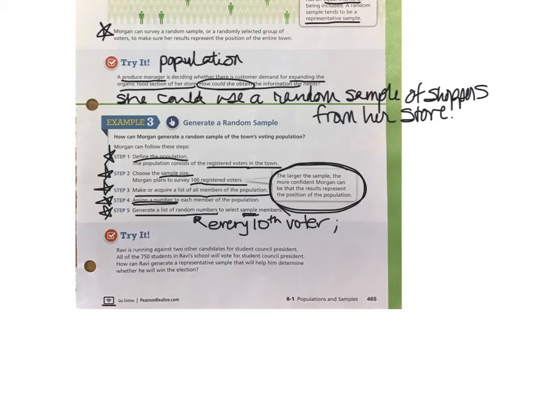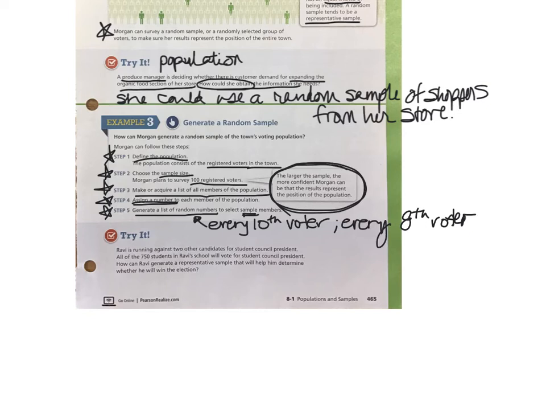Maybe she does every 8th voter. As long as she ends up with at least 100 people in her survey, she can be fairly confident that her results will hold true in the vote.